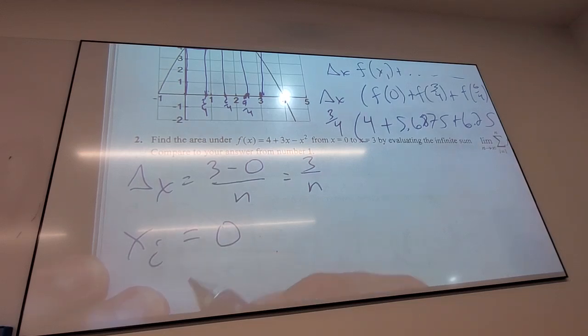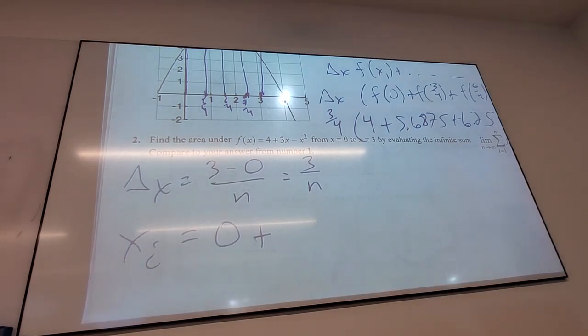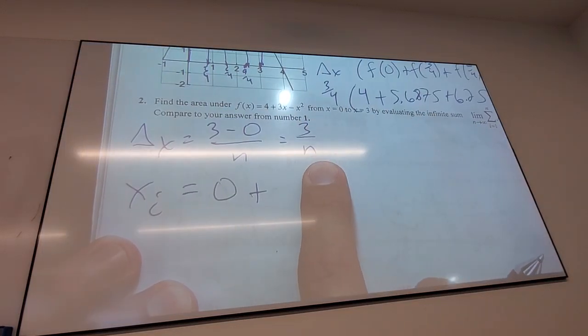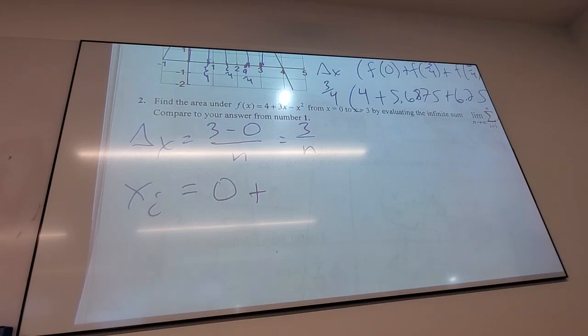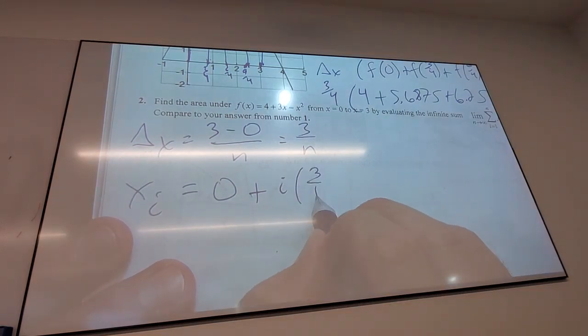Who remembers this from yesterday? How big is each step I'm taking? 3 over n. Damn it. Isn't my width 3 over n? Isn't that how big of a step I'm taking? And how many of those steps do I have to take to get to the i-th rectangle? I have to take i of them, yeah. So it'll be i times 3 over n.